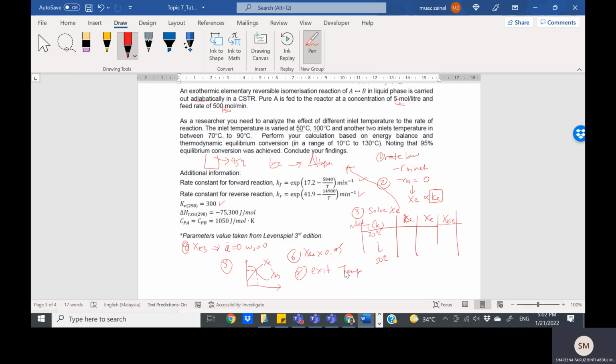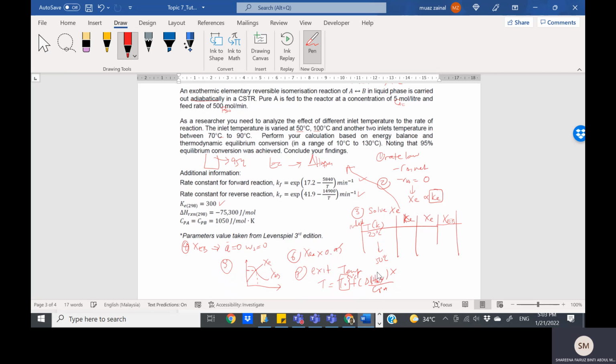Alright, so from there the exit temperature you will get from the energy balance, which is T equals T naught plus delta HRX times X over CPA. So T naught, you can test with the 50 that we want, which is around 50 degrees Celsius.